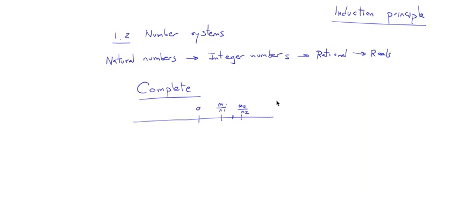You can look it up in the notes, I'm not going to go into detail. They are dense. That means that very close to any rational number, there's another rational number. But we can find numbers between the rationals that are not rational numbers. So for instance, and this is the classical example, square root of 2. Square root of 2 is not a rational number.